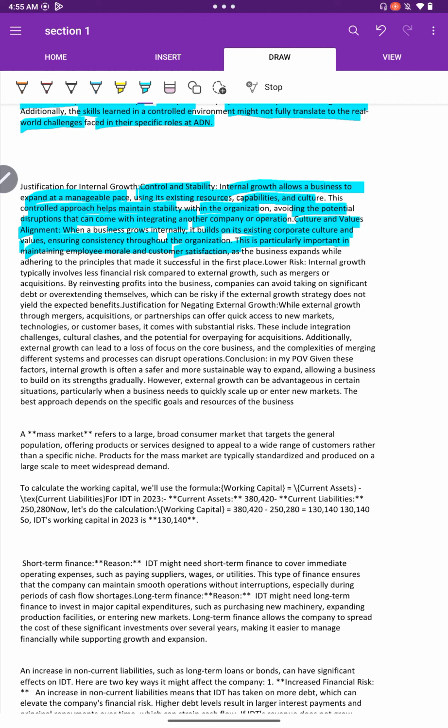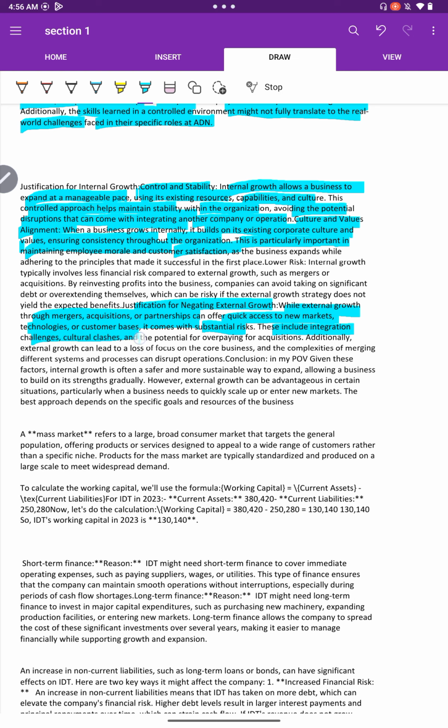Okay, so I think we should end it here, and now we have to write the external growth. While external growth through mergers, acquisitions, or partnerships offers quick access to new markets, technologies, or customer bases, it comes with substantial risk, and these include integration challenges and cultural clashes.